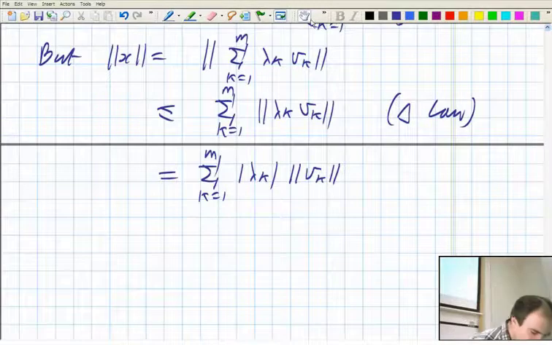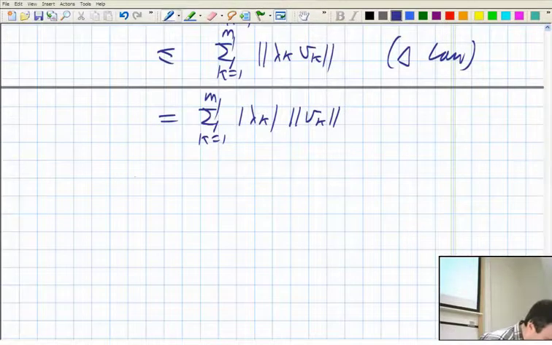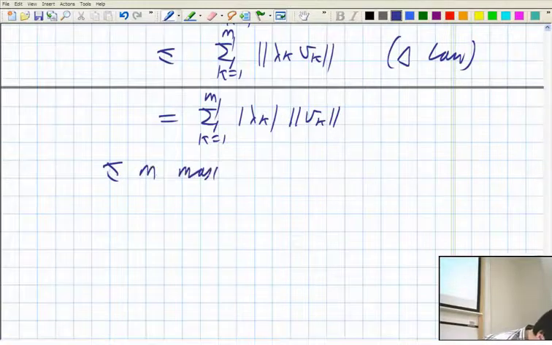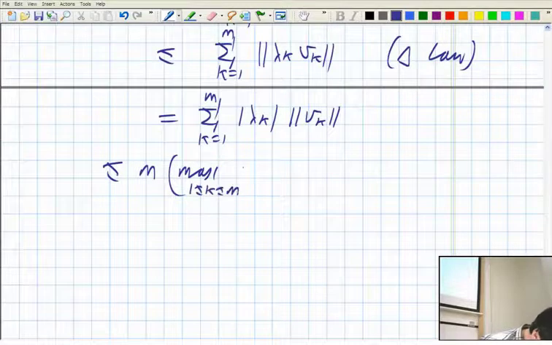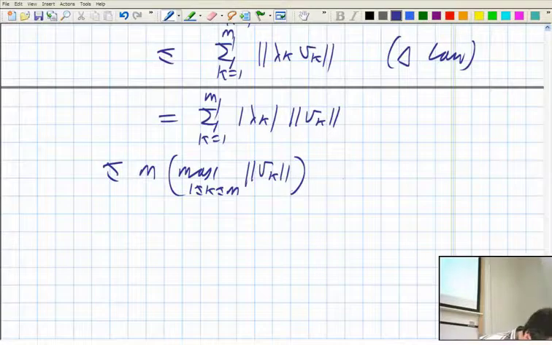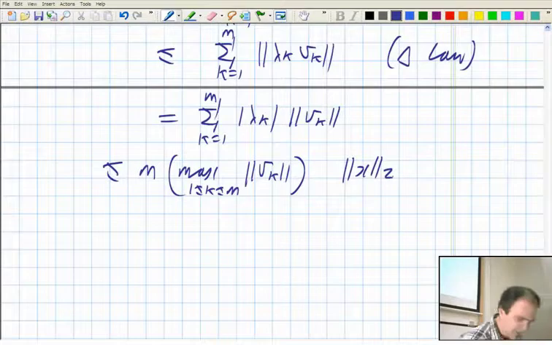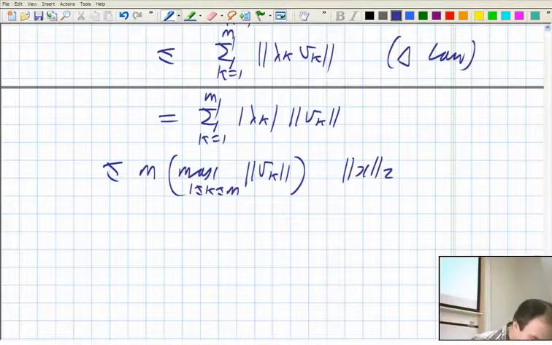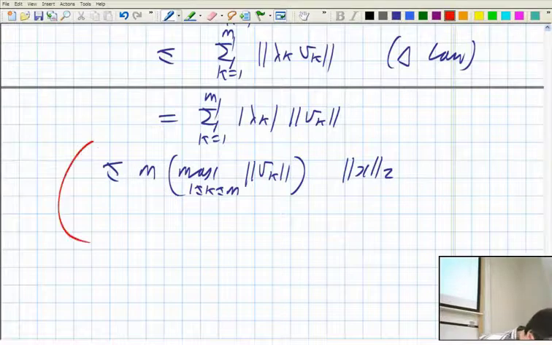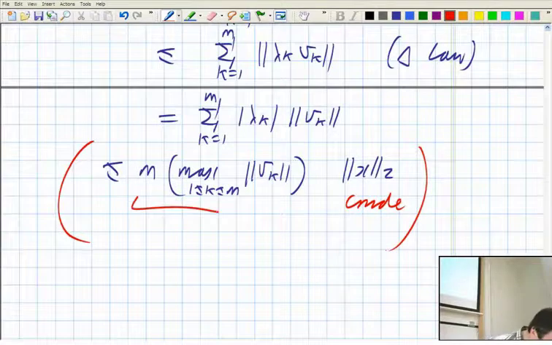So this is easily smaller or equal to m times the max over 1 less than or equal to k less than or equal to m of the norm of the vk times the norm x2. For example, that's one way to do it. Or more subtly, so this is very crude. It's good enough though. That would do for C.